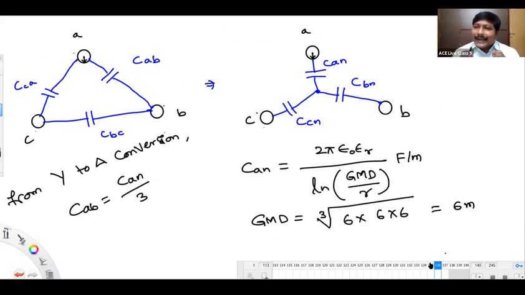See, my intention is to tell you this formula will remain the same, whether it is a 132 kV line, 400 kV line, or 75 kV line.